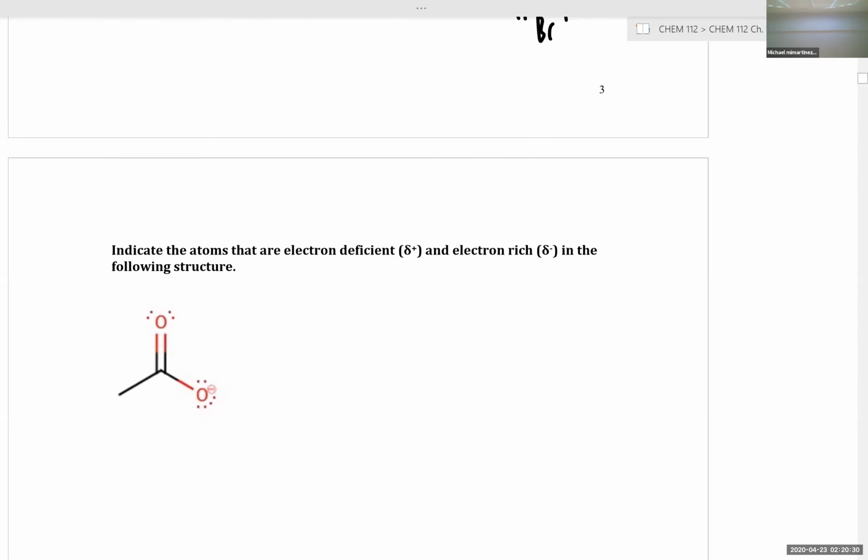So let's try to indicate atoms that are electron deficient and electron rich in the following structure. I'll do this first one and then you'll tackle the second one. So I'm going to draw out some of my resonance contributors. First I'm going to kick this lone pair up. That's perfectly allowable in terms of resonance structures.